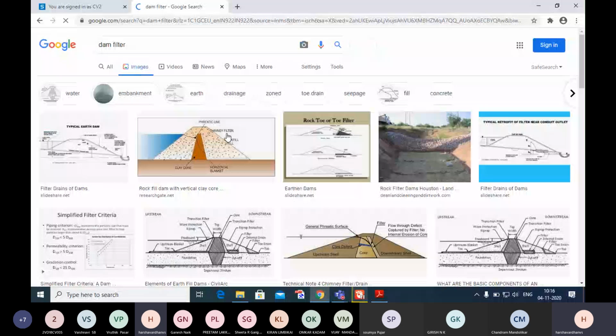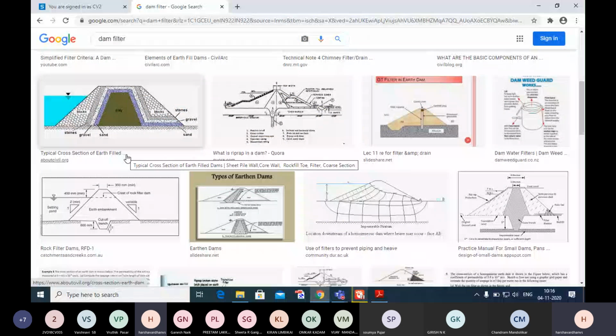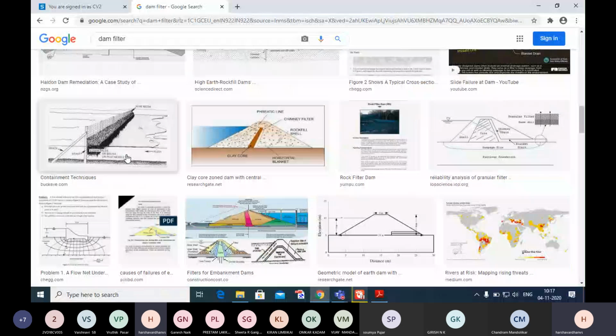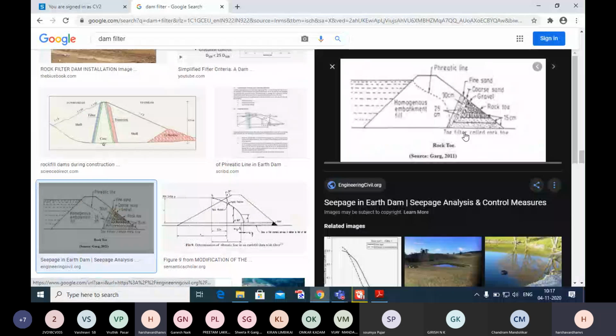So a dam filter will have different layers. This is a filter.